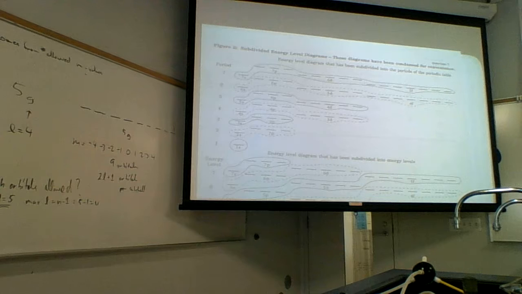So this is 3, 1, minus 1, 3, 1, 0, 3, 1, 1. Here it's organized in terms of n and in terms of l. l equals 0, m equals 0. l equals 1, m equals minus 1, 0, and 1. Okay, that's the third shell.